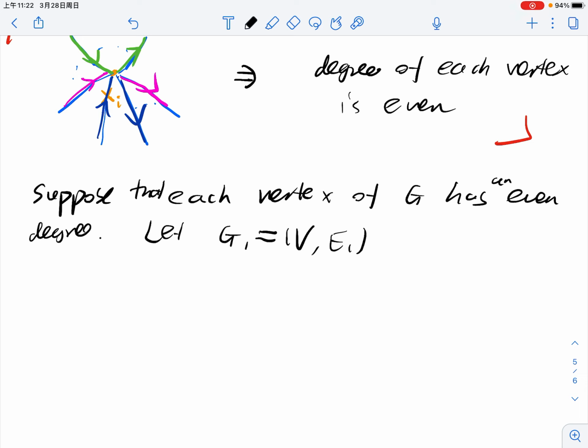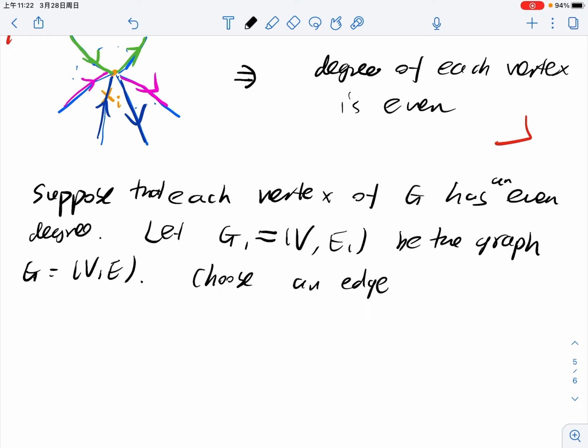At the very beginning, we let G1 be the original graph G. No matter how, each edge must appear in your Eulerian trail, so you can choose an edge alpha 1 and find some closed trail. The idea is that every time you enlarge the trail a little bit, and finally you get the whole graph.